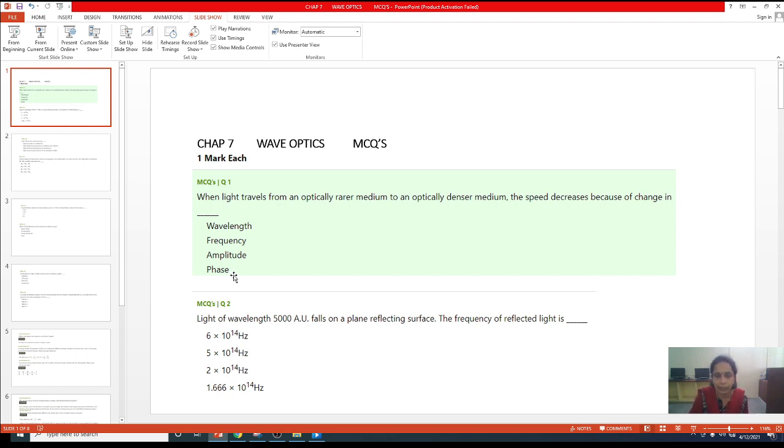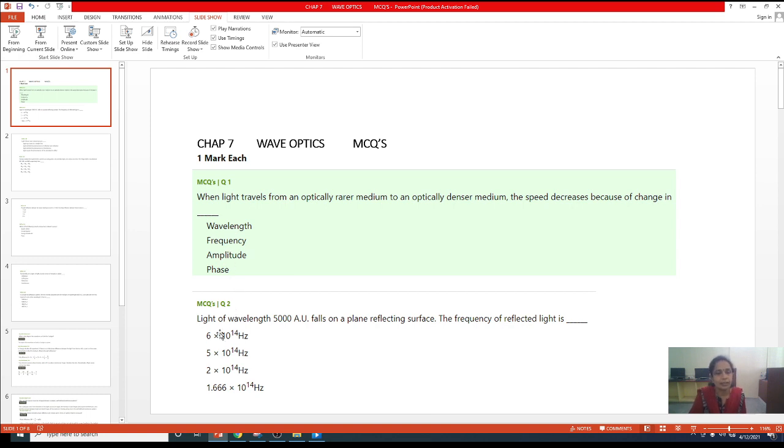You know this very well. When light travels from an optically rarer medium to an optically denser medium, its speed changes because of its wavelength. Therefore, option A is the correct answer for MCQ 1.